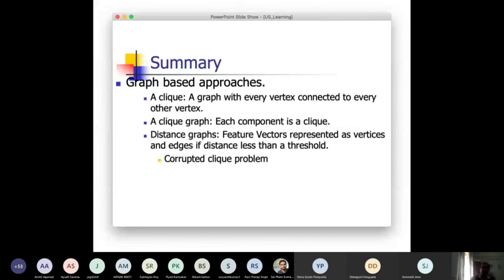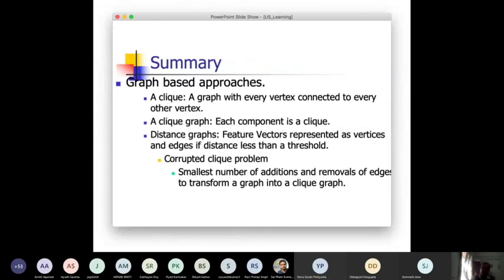So we need to solve this corrupted clique problem, the problem statement I explained, which means that you have to compute the number of additions and removals of edges, compute the transformation, and then you get a graph which would be equivalent to a clique graph.